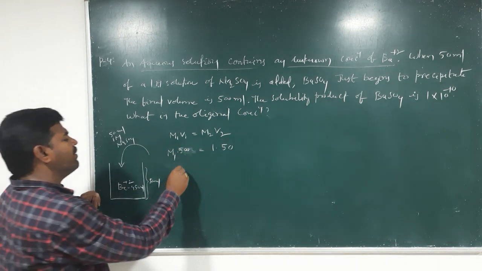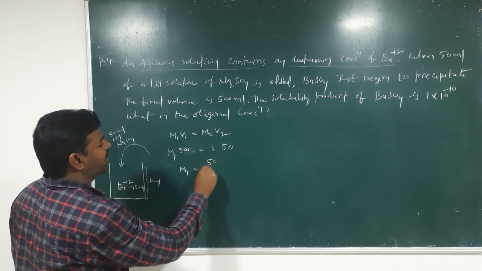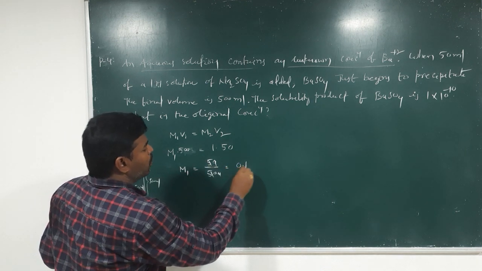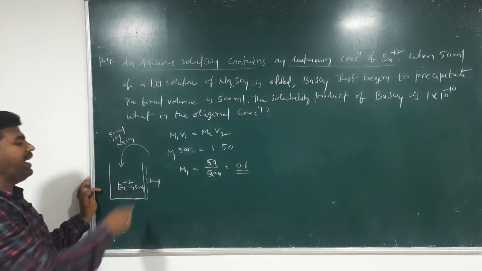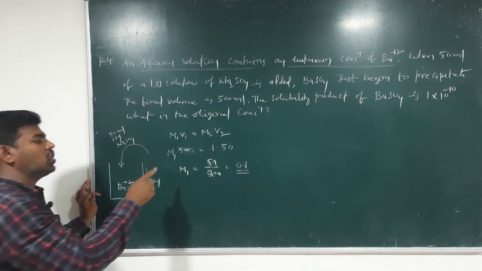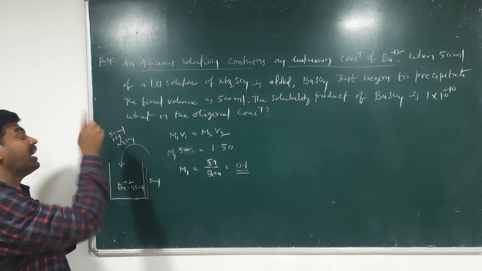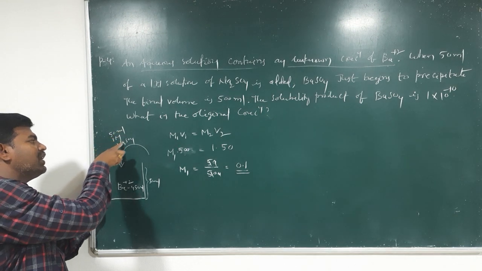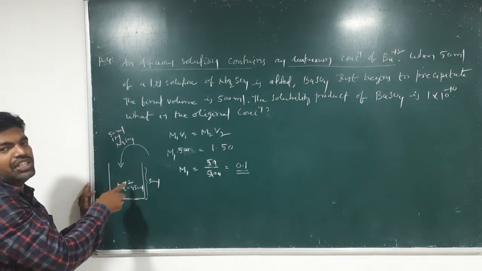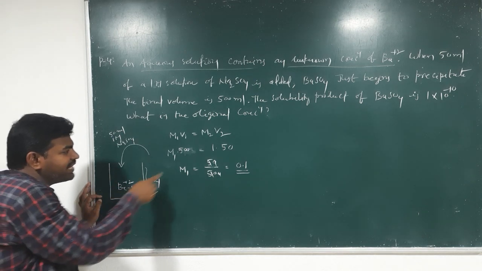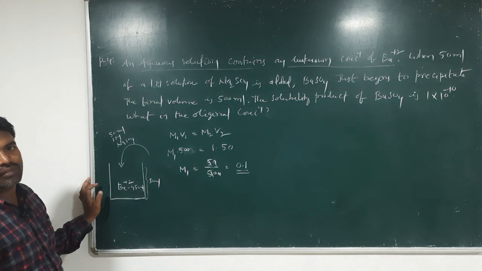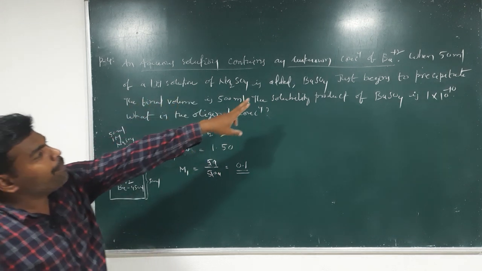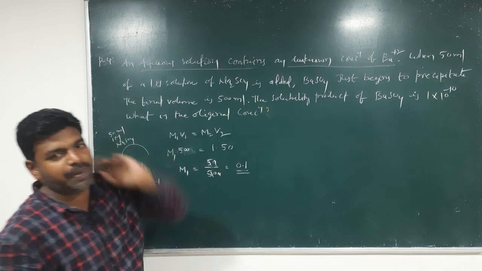M1 is equal to 50 by 500, that is 1 by 10, that is 0.1. So after adding 50 ml of 1 molar Na2SO4, the total volume of the solution becomes 500 ml and the sulfate concentration is 0.1 molar. When Na2SO4 is added, barium sulfate just begins to precipitate.